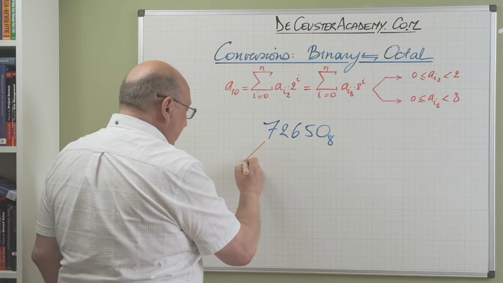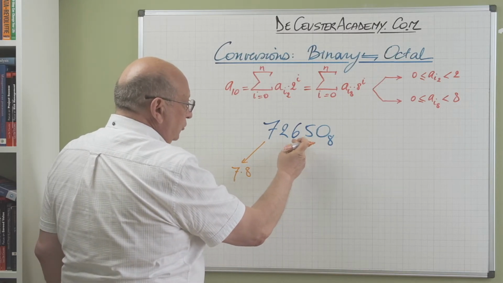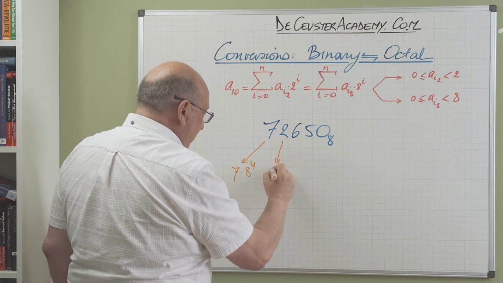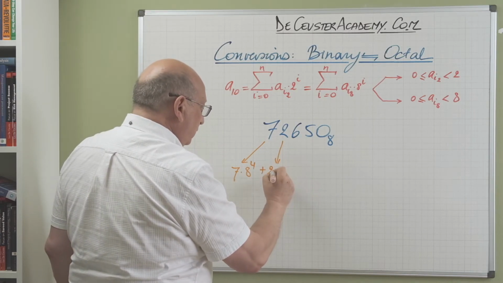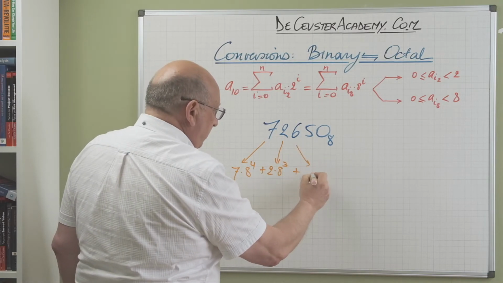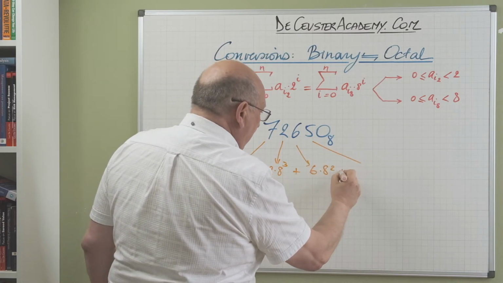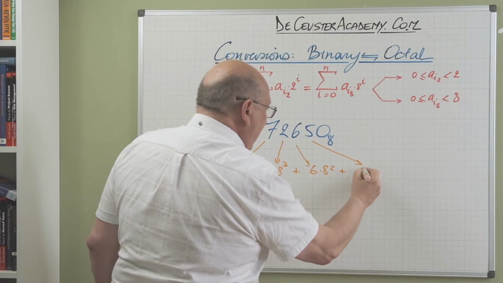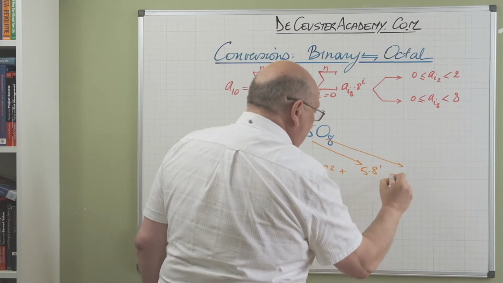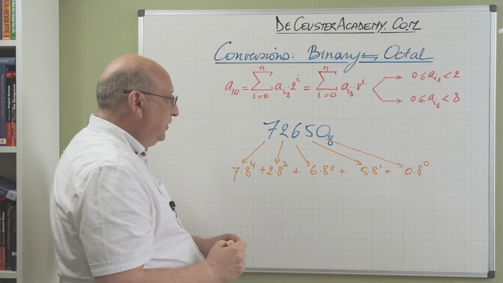So we have here 7 times 8 to the power 4, plus 2 times 8 to the third plus 6 times 8 to the second plus 5 times 8 to the power 1, and the last one plus 0 times 8 to the power 0.